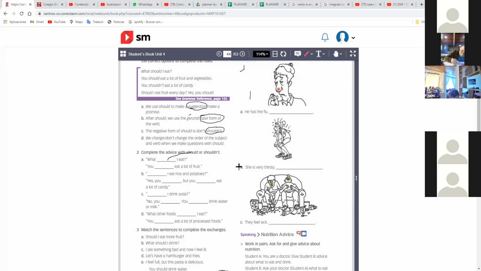What should I eat? ¿Qué debería comer yo? That's a good advice. So, don't eat fat food. Okay, got it. And next, please. Should. Okay, you should eat a lot of fruits. Yes, very good. Spectacular. B.